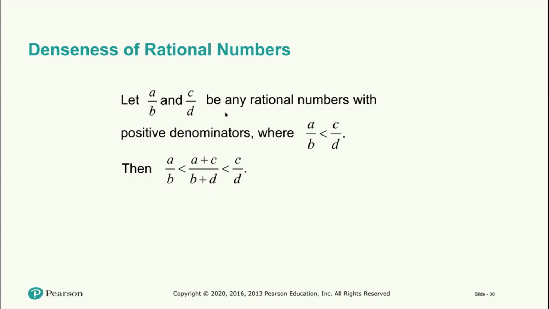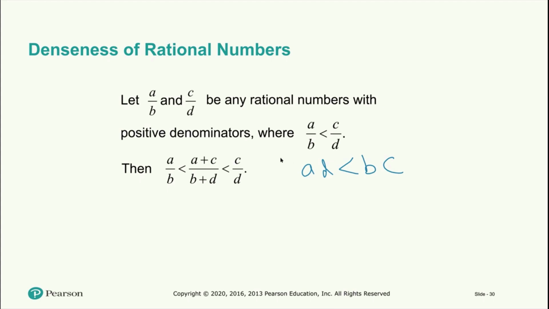Now, the proof of this fact is not that difficult, and I think it would be great practice for you. But I'll give you a hint. Basically, start with your original inequality. You know that from a previous fact that we've discussed, this is going to make AD less than BC. Now, you would cleverly add the same quantity to both sides, which will eventually lead to first this inequality, and then you would start over and add a different quantity to both sides, and that would lead to this inequality.